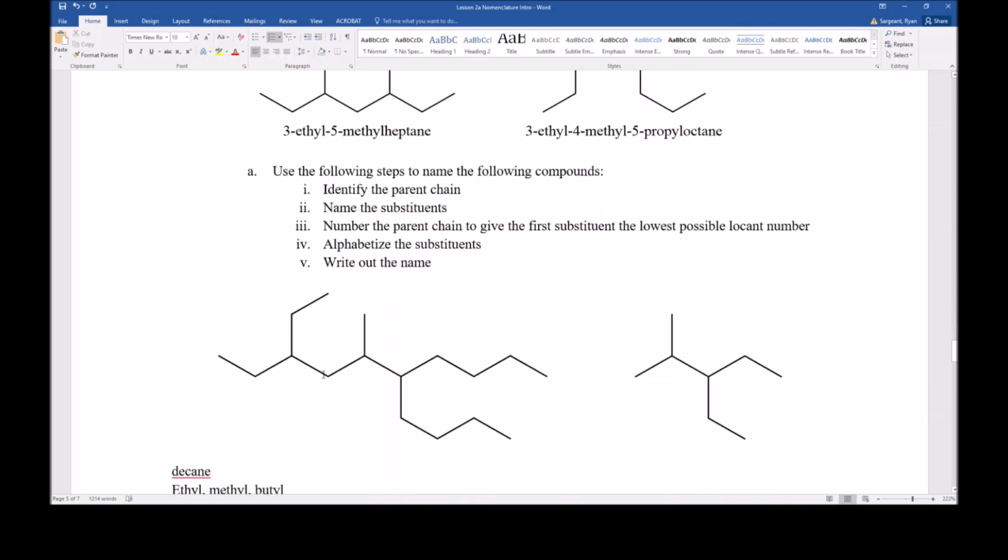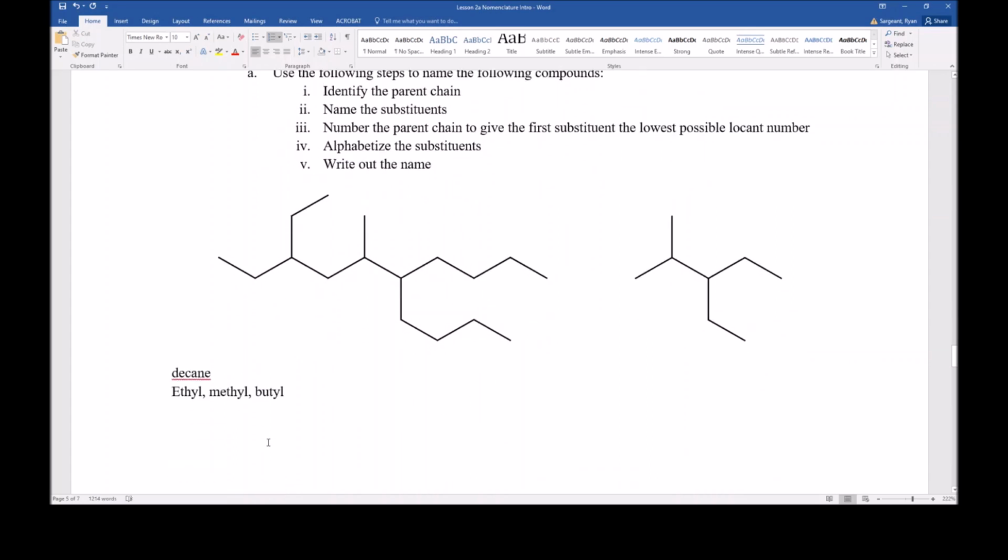Here it's a 3, 5, 6 coming this way, and coming the other way it's a 1, 2, 3, 4, 5, 6, 8. So the 3, 5, 6 is better than the 5, 6, 8. So I don't even worry about what the substituents are. Okay, so if this is the number 3 position, then that means that this is a 3-ethyl.